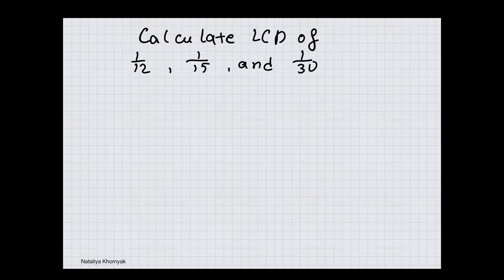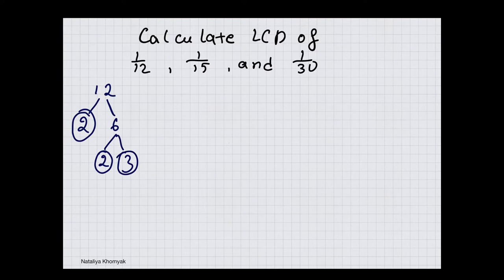Alrighty, let's do this example. We have 12, 15, and 30. So the first denominator is 12. We want to factor it out. We can rewrite this as 2 times 6. 2 is a prime. 6 can be written as 2 times 3.